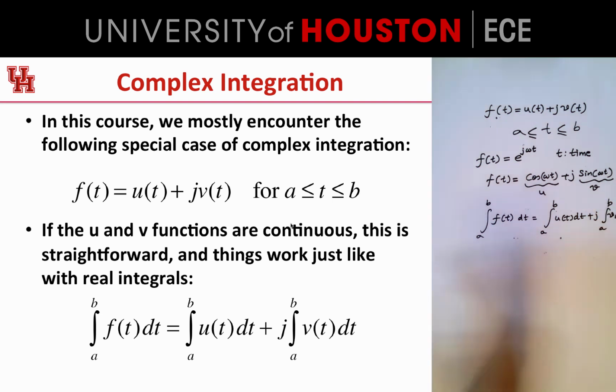So this is a particularly simple case. Now, in general, if you look at the broader topic of complex integration, there is a bit more to it than that. But in this course, in ECE 3337, we're not going to go there, so I'm not going to bore you with those details.